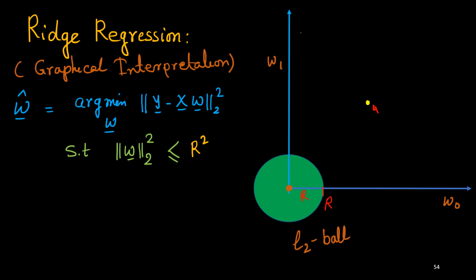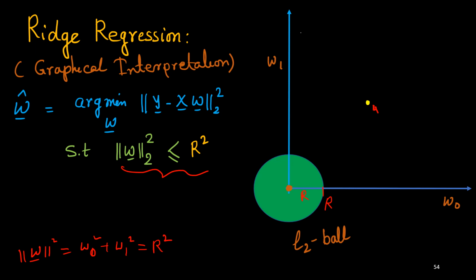So if I consider only the two-dimensional case, do you see this? This one is simply W0 square plus W1 square, and if I say this equals R square, this is simply the equation of a circle with radius R. So this is the outer circle. This implies that our solution point should be within the circle.